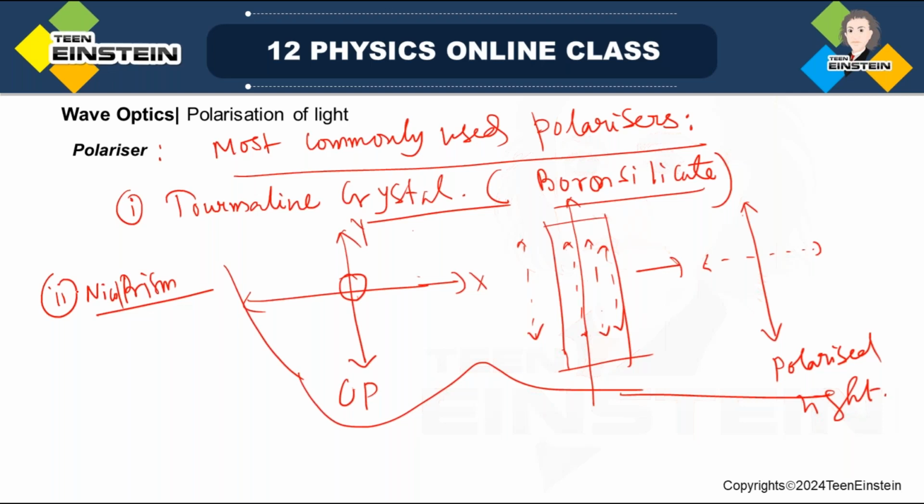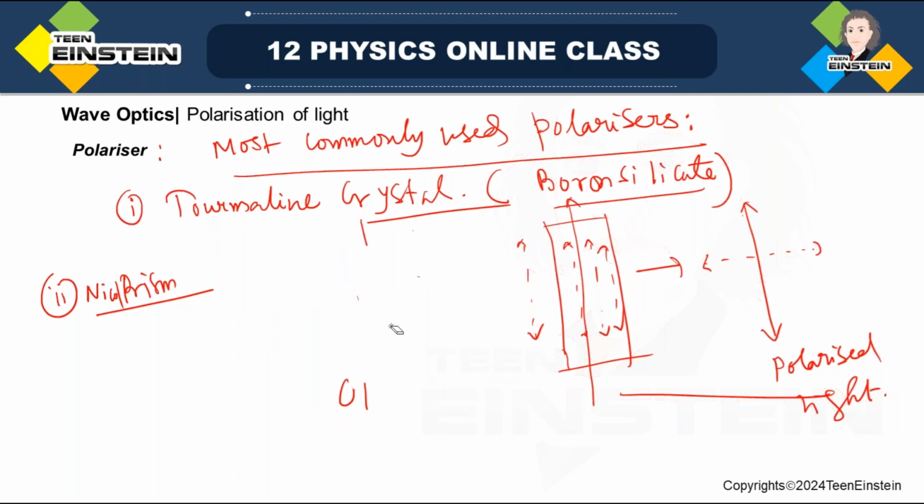Plane polarized light. It is made from calcite crystal. See, actually, Nicol prism, I'll just clean this. Tourmaline crystal I have discussed. Now I'll discuss the Nicol prism, which is another popular polarizer or analyzer.